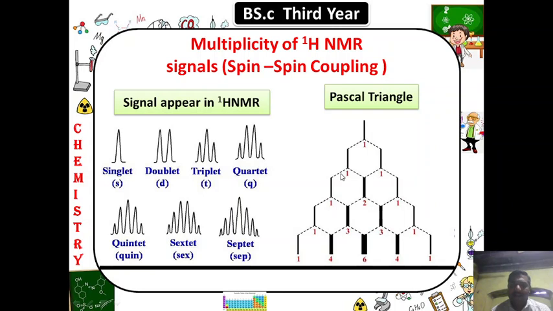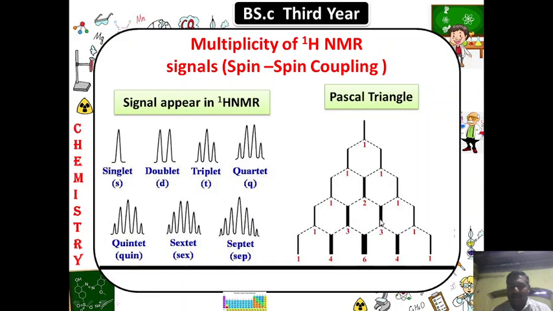This is the Pascal triangle. Similarly, it goes down. If the neighboring protons are 2, the signal is a triplet, n plus 1, 2 plus 1 is 3, with intensity 1 : 2 : 1. For 3 neighboring protons, n plus 1 is 4, and four signals appear, a quartet.